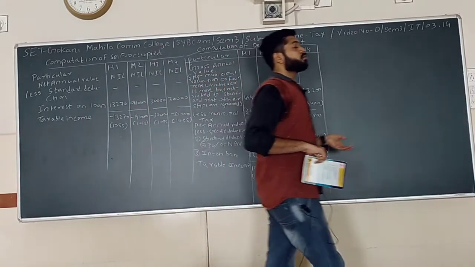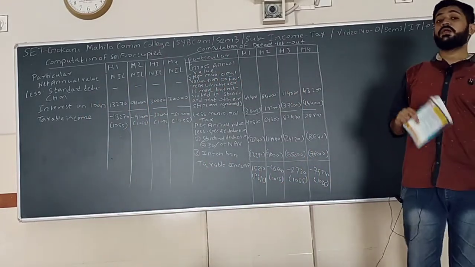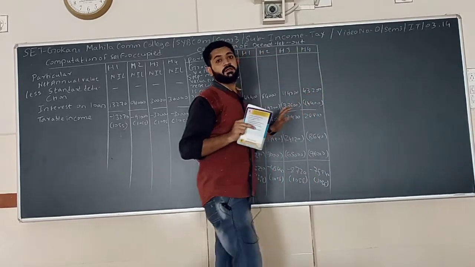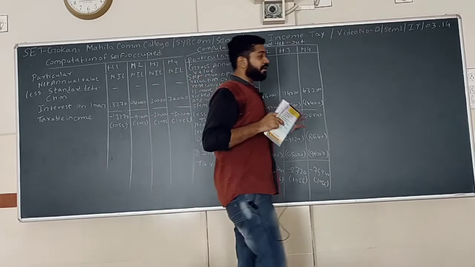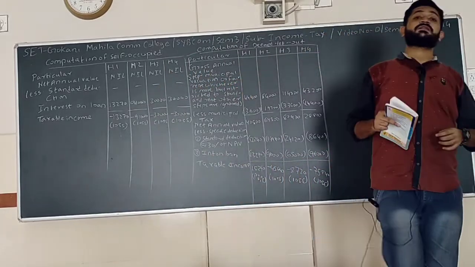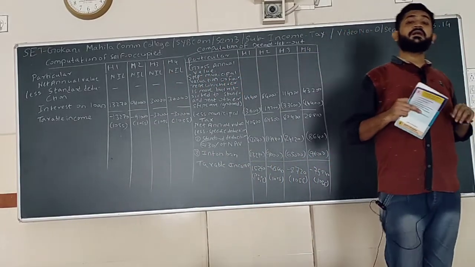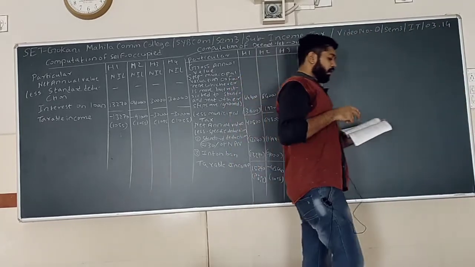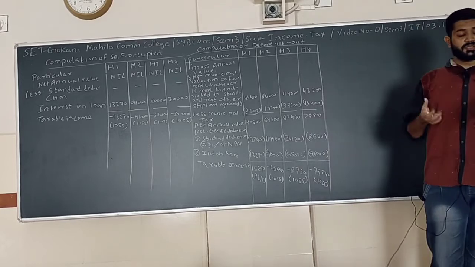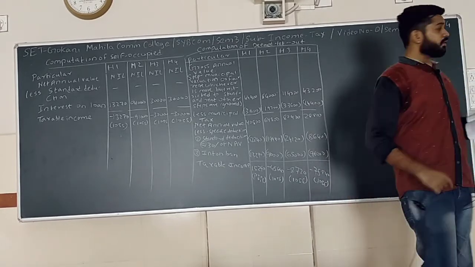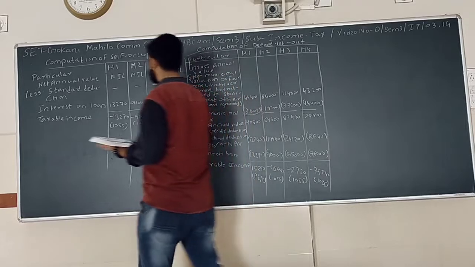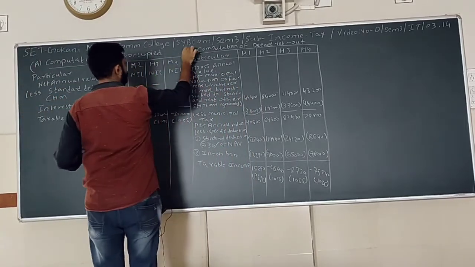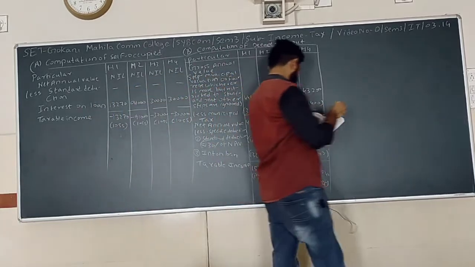So now the last part we are going to do is see the various combinations from which house we are getting the minimum tax. We are not paying the tax on that. We are going to calculate that part. So here we are going to see the various options available for us. Now if I say this is the A part and this is the B part, I will solve that.